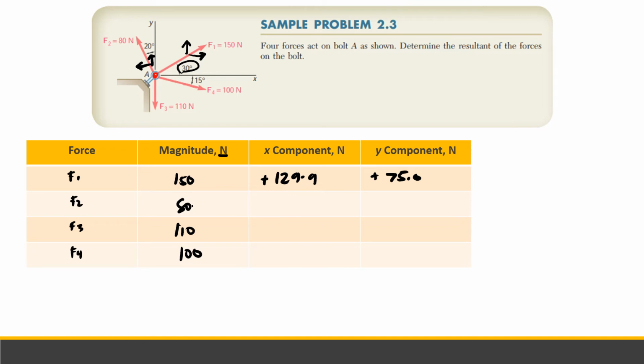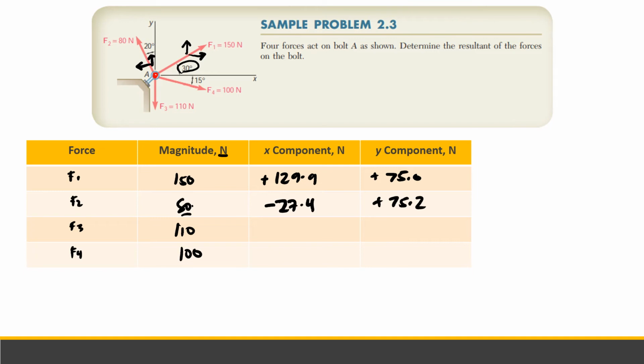In this case, 20 degrees with respect to the y-axis, so the X component is 80 multiplied by sine 20 degrees, which is negative 27.4 Newton. The Y component is 80 cosine 20 degrees, which is 75.2.